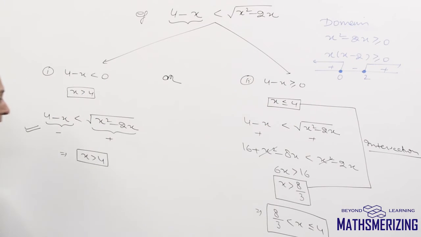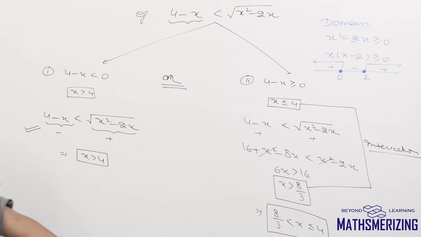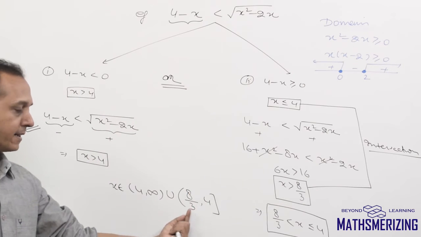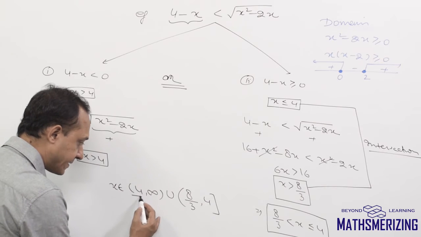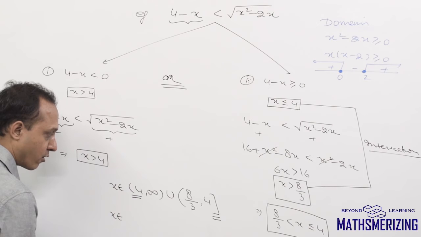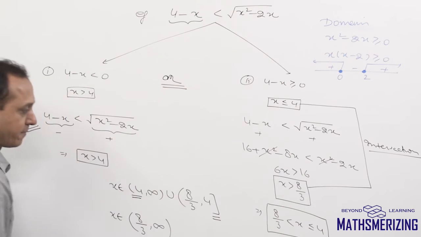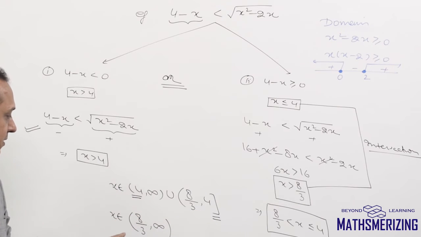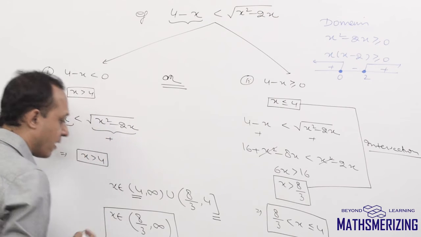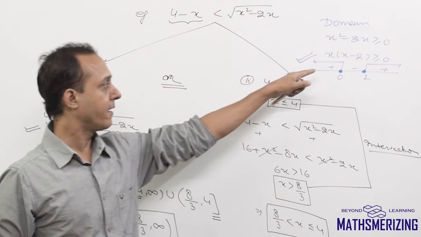So, finally I'll write the answer. Because there is an OR between the two cases, I'll take a union of both. It lies between 8 by 3 and 4, and x greater than 4. Since 4 is covered in the two intervals, I can combine them and write x belongs to 8 by 3 to infinity. Finally, I need to take the intersection of this condition and the domain.